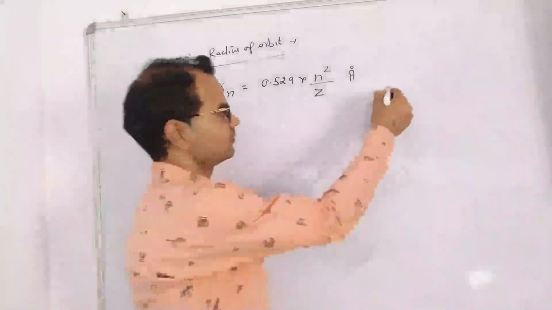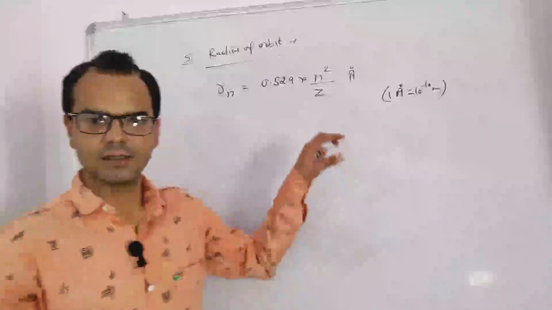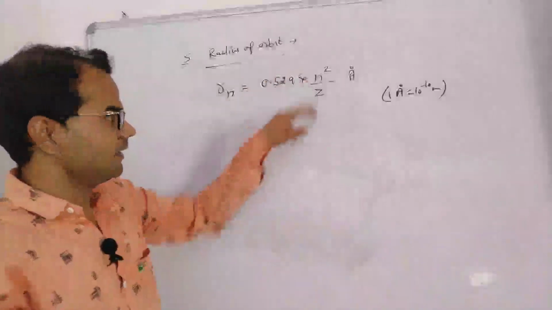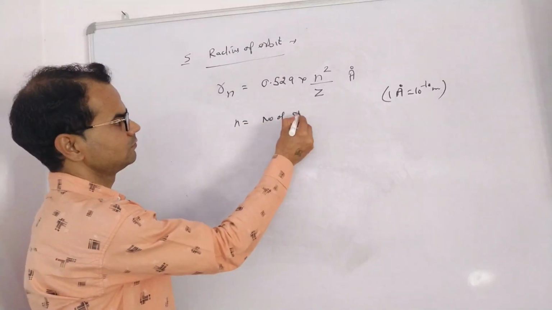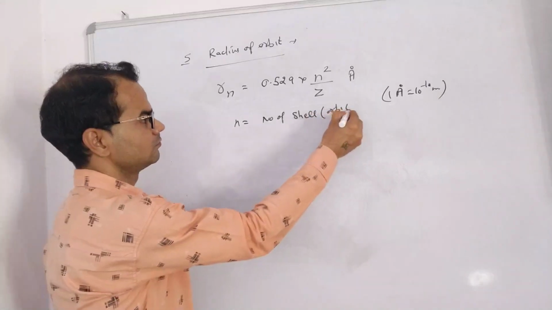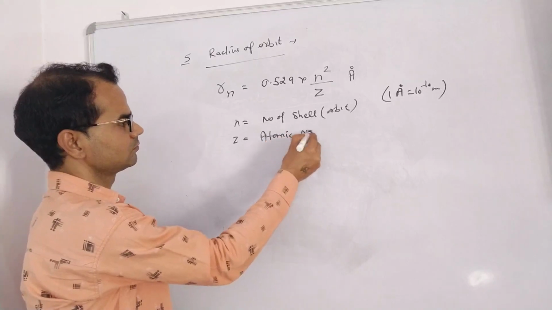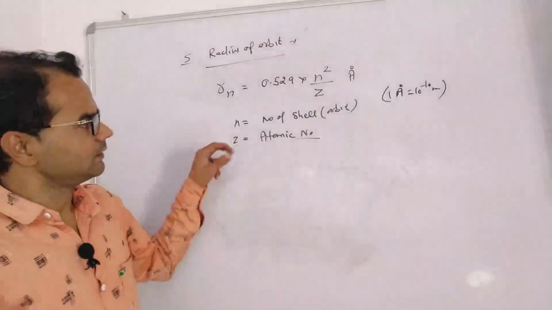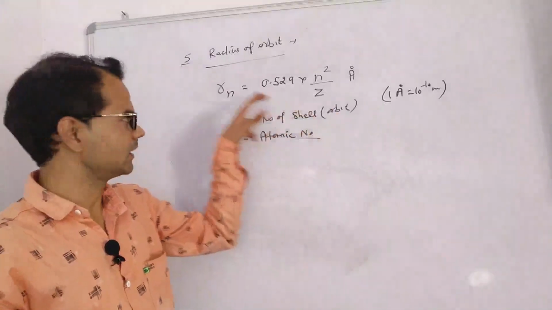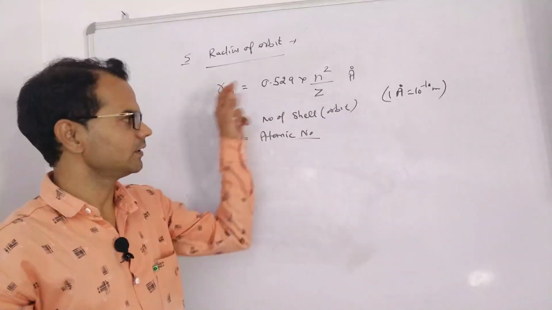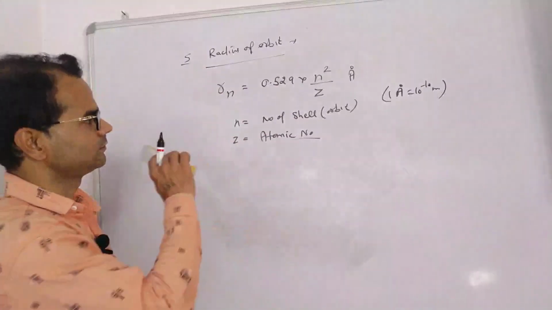As we know, 1 angstrom equals 10 raised to power minus 10 meter. n here is the number of the shell or orbit. Z is the atomic number, n is the number of the shell. Rn represents the radius of any orbit or radius of any shell. Let's solve for hydrogen.